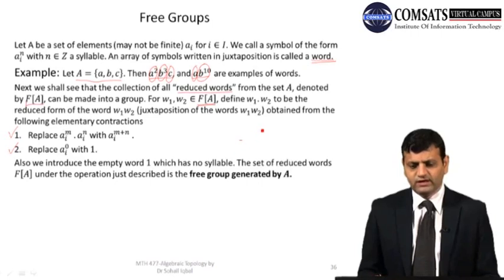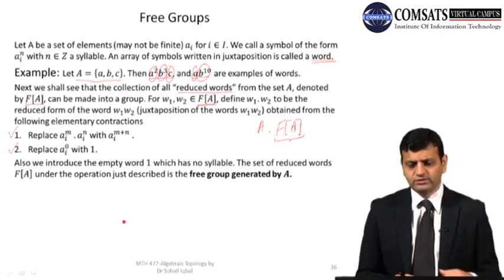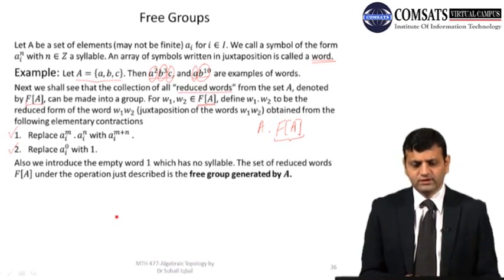So what we are trying to say is: take a set A of symbols or elements, take the collection of all words, and then take the collection of all reduced words, and we denote that collection of reduced words by F(A). So what are we using to reduce those words? We are using these two operations.